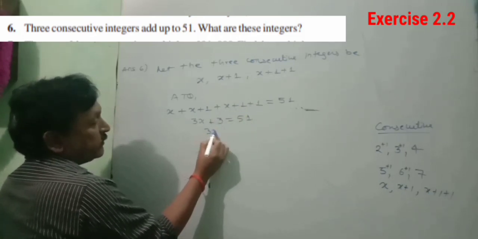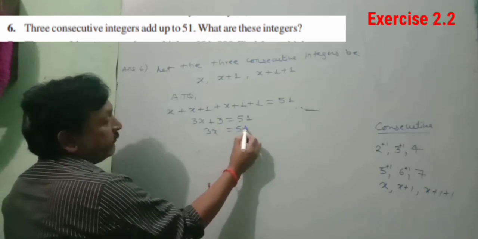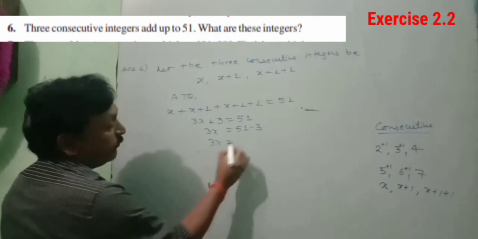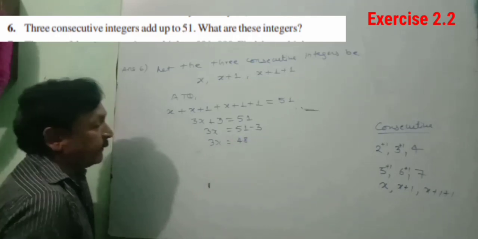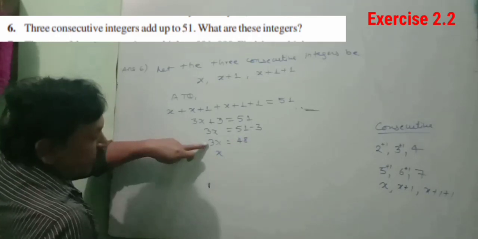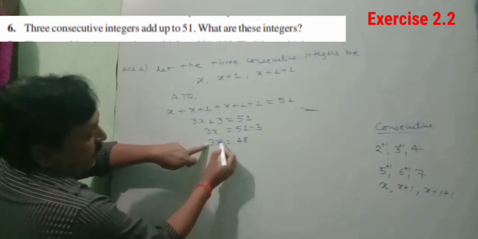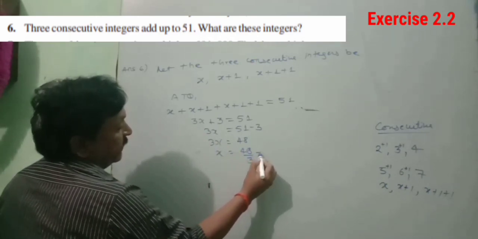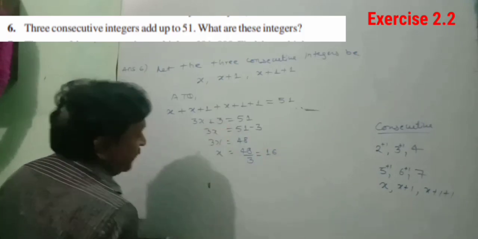Now transpose this 3 to the right hand side. 51 minus 3, so how much will we have? 48. Now we have to transpose this 3 which is in multiplication with x. 48 upon 3, 3 ones are 3, 3 sixes are 18.